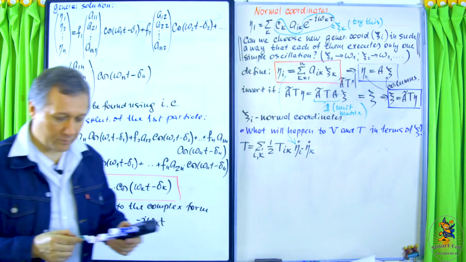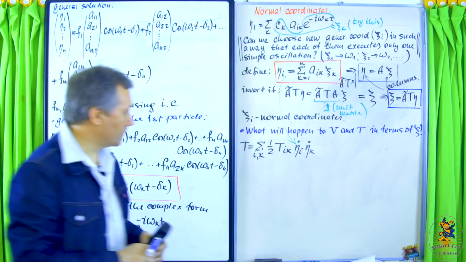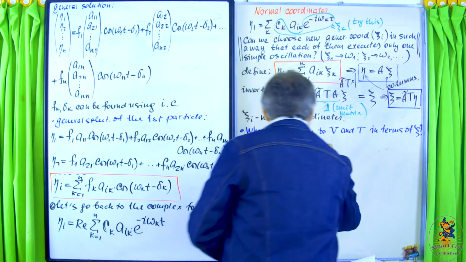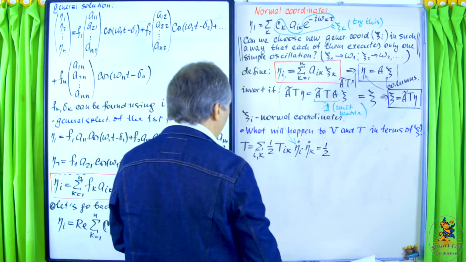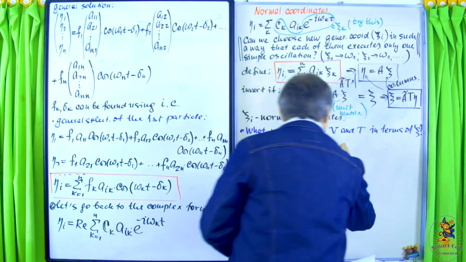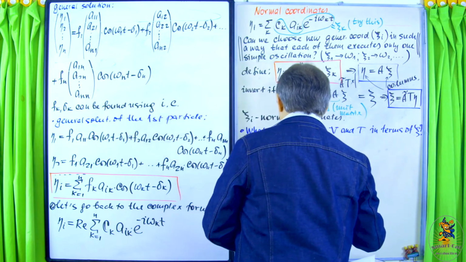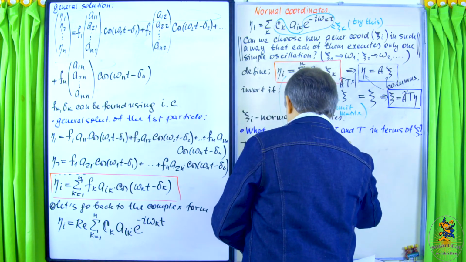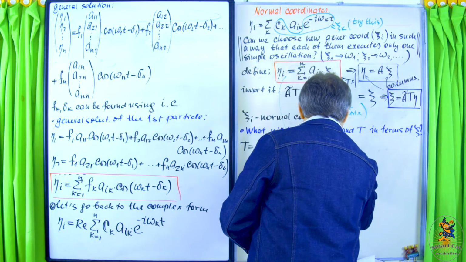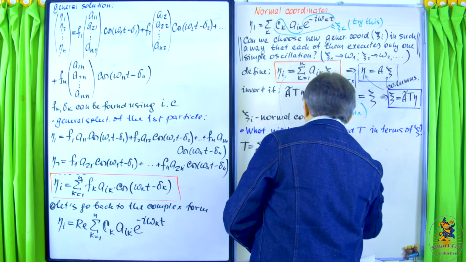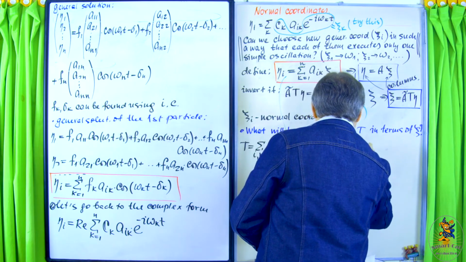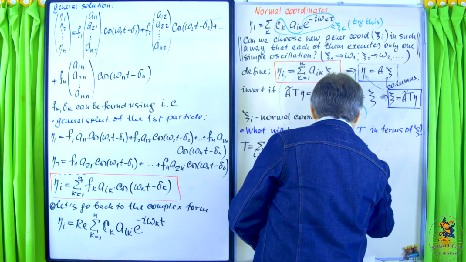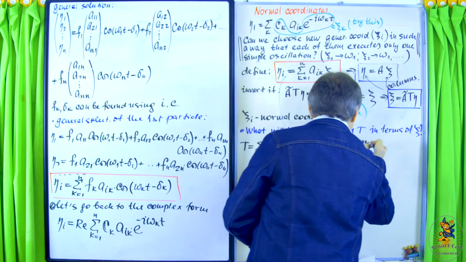So that's what I'm planning to use. I can write it like this. 1 over 2 I will take outside. Let me write: summation over i, k, then T_ik, and then I will introduce summation over alpha from 1 to n.